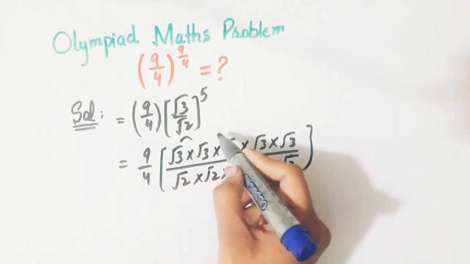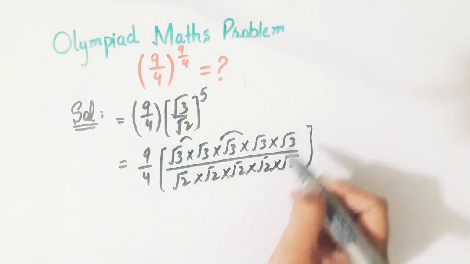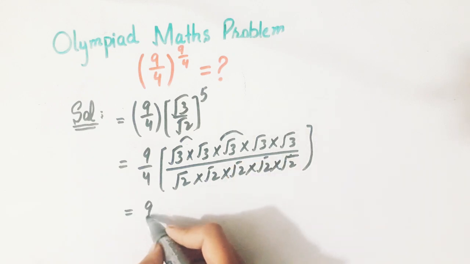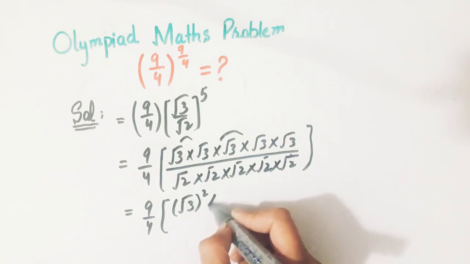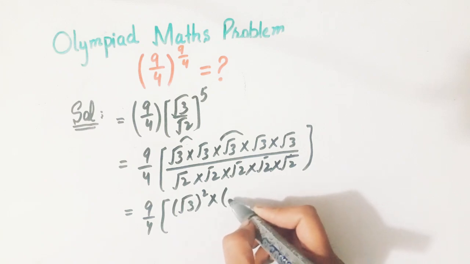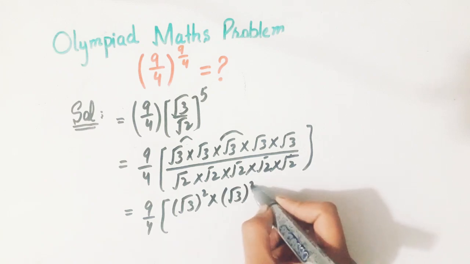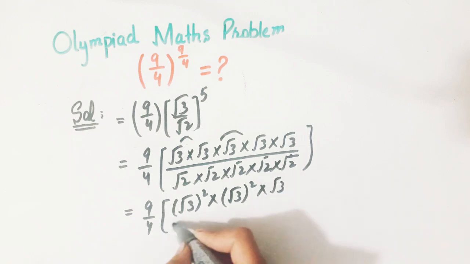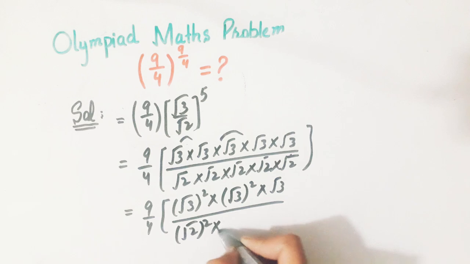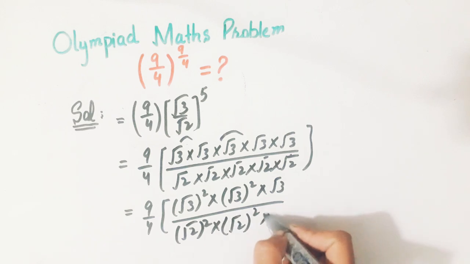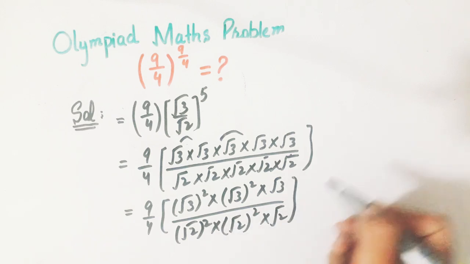Now we will make pairs of this: 9/4 times square root 3 squared multiplied by square root 3 squared multiplied by square root 3, and in the denominator square root 2 squared multiplied by square root 2 squared multiplied by square root of 2.